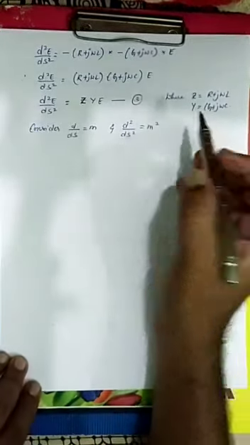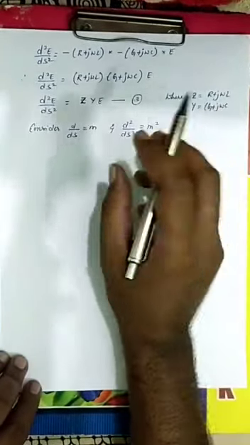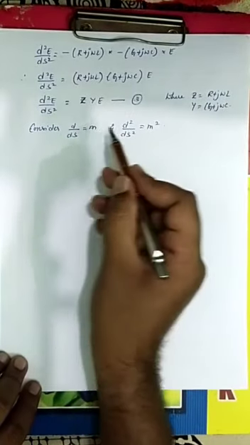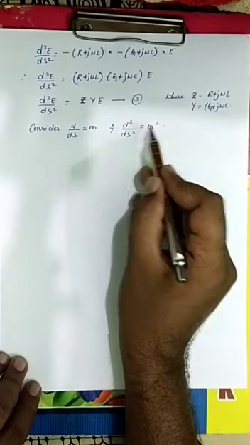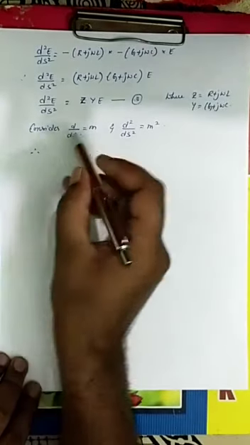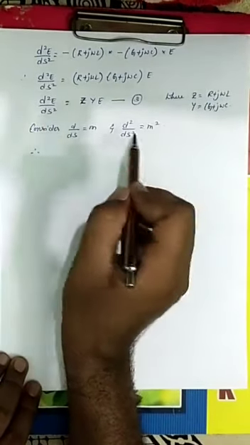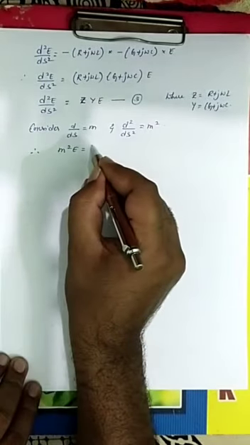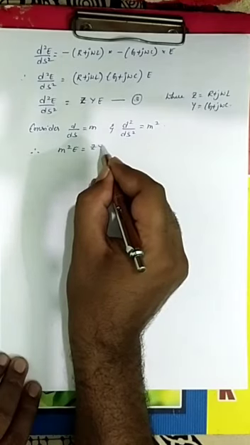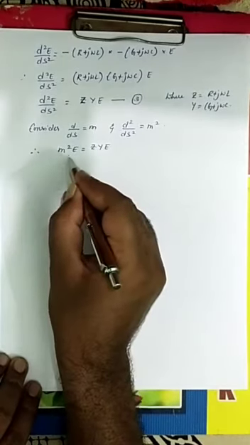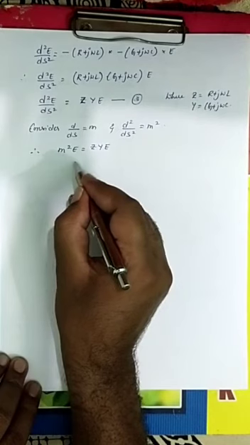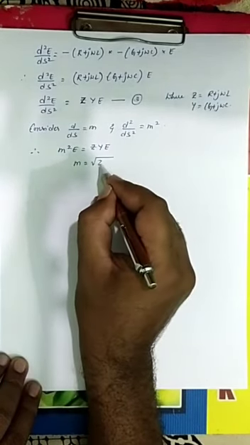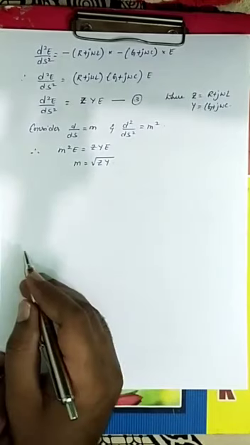For simplification and to find the roots of the differential equation, I am going to consider d by ds equal to m and d square by ds square equal to m square. Therefore m square E is equal to series impedance into shunt admittance into E. So E gets cancelled, and m is equal to the square root of ZY.